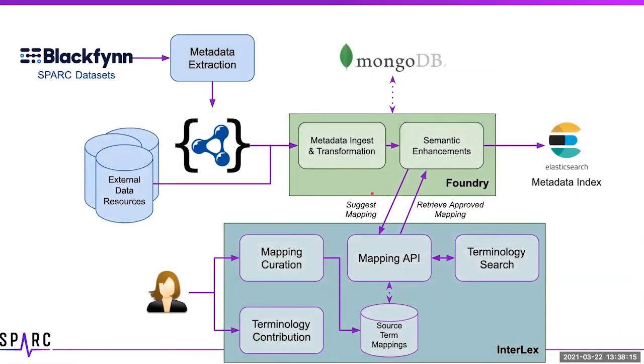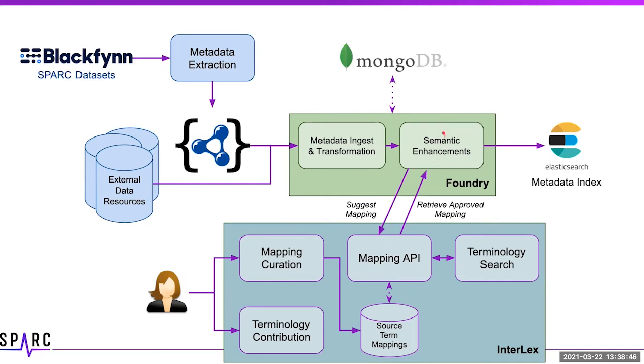And so just as an example, this is an overview of the pipeline. Within Spark, there's metadata extraction that we do, and information from external data sources that comes into what we call Foundry, which is our system for taking metadata, converting it into a standardized format, and also doing some additional enhancements to that.